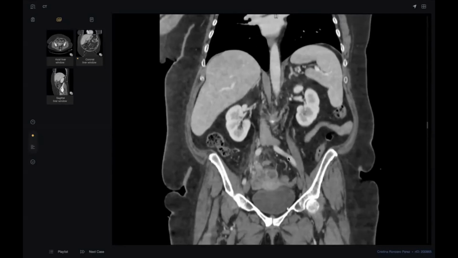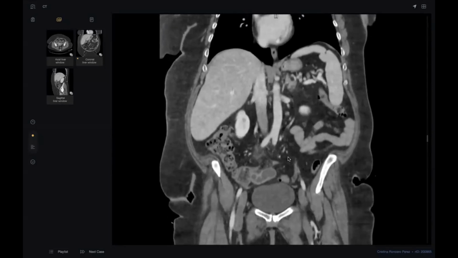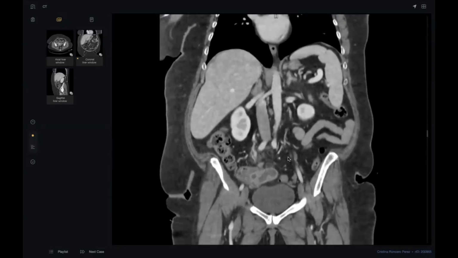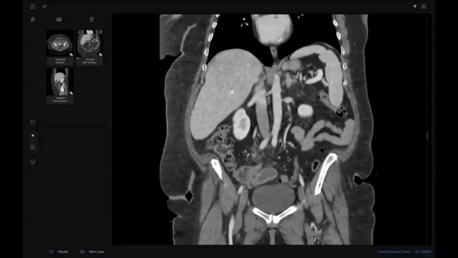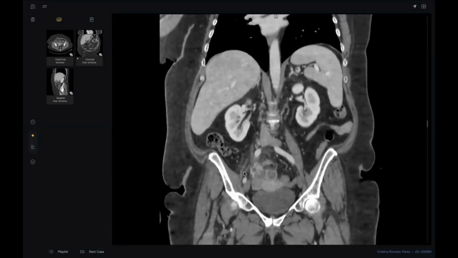Look, follow it. Look, where does it terminate? Terminate within the lesion. No, the tubular structure terminates here. What is this? Okay, this is the appendix. This is the cecum, and this is the appendix. Noted. Yes. Okay. So give me a diagnosis.